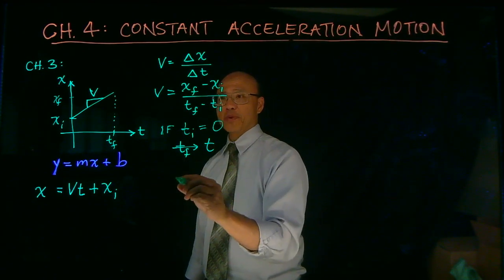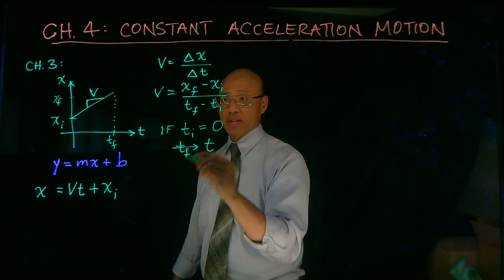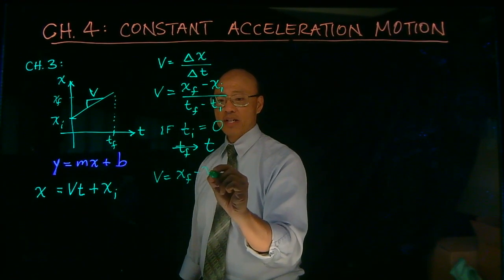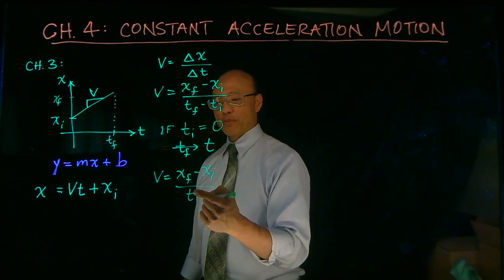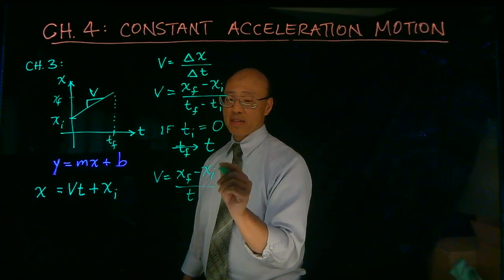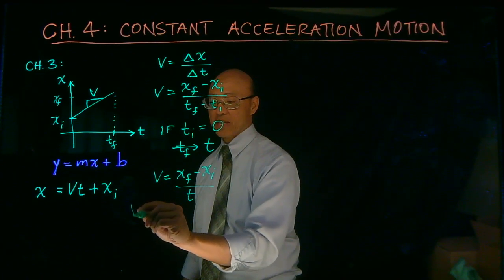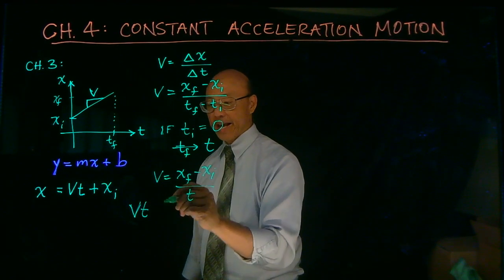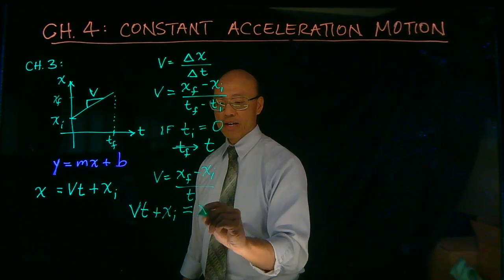Well, if you do some algebra here, what ends up happening? If I get rid of my ti, because it's just 0 anyway, I get v equals xf minus xi over t. If you multiply both sides by t and then add xi to both sides, what do you get? I get v times t first, then I add x sub i to both sides, and I get that.